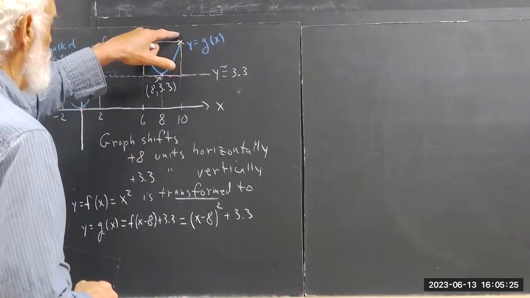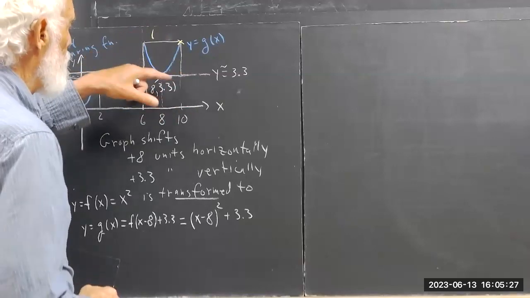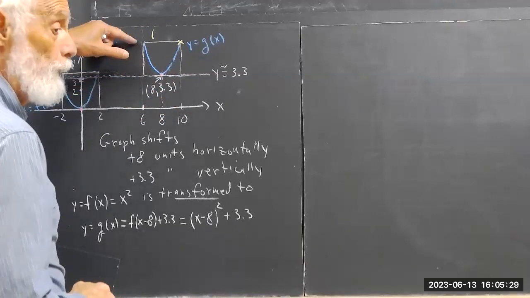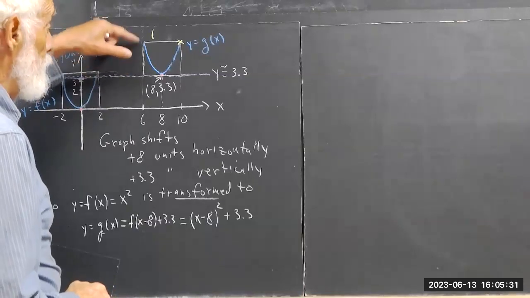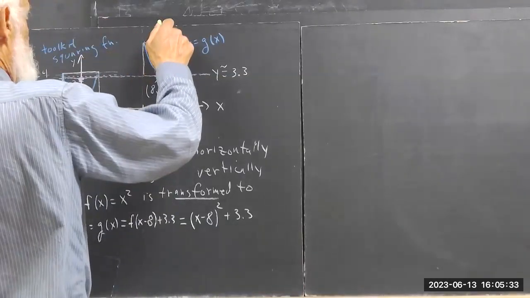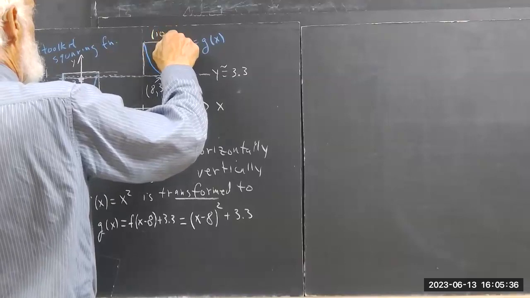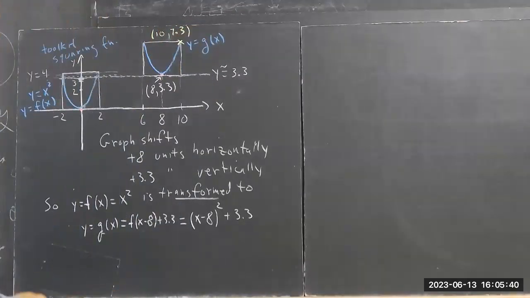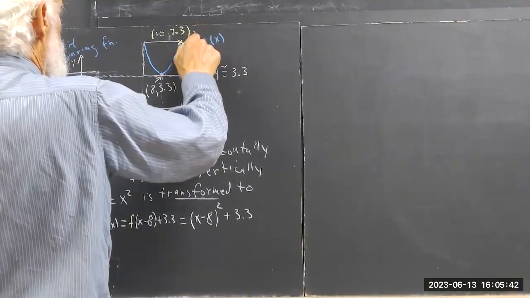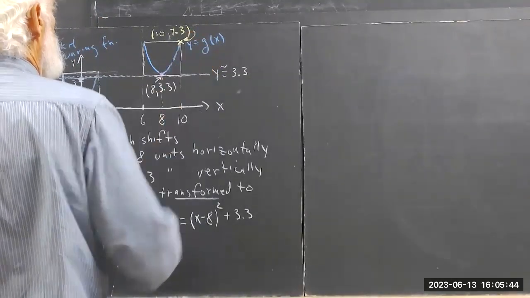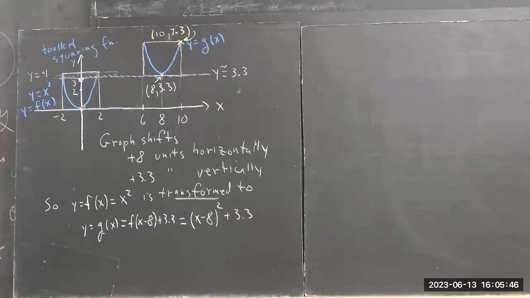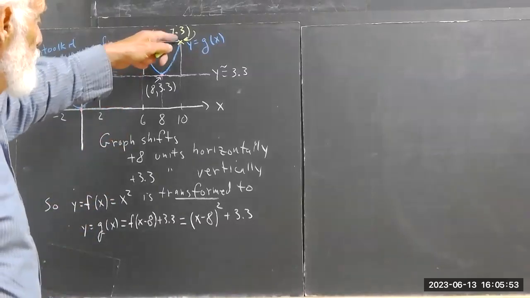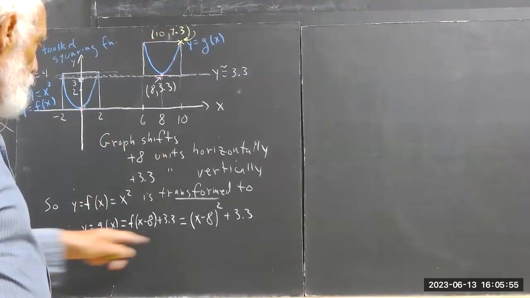X is 10, and Y is 3.3 here, and you go up 4 units higher, you're going to get 7.3, right? So this is the point (10, 7.3). Right here, in front of your very eyes. Okay, well, let's see if (10, 7.3) satisfies this.